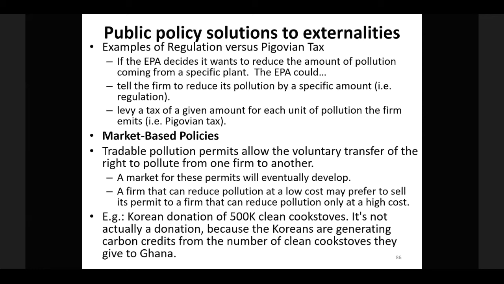Then market-based policy. Sometimes it is also necessary, apart from levying taxes, for government to create a tradable market for pollution permits. What happens here is that these markets allow firms to buy pollution permits from others. So that's like the situation I painted earlier.